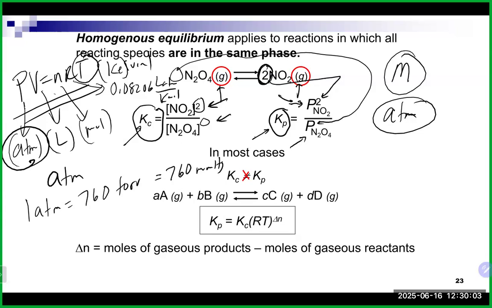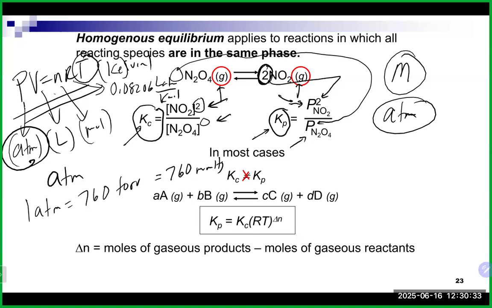And if you have a small value for Kc, you should also have a smaller value for Kp. Kp is based on atmospheres, which is pressure, which means if you have a large value of Kc, you have a lot of products. And if your products are gases, they probably have a majority of the pressure in that situation. That will give you a larger value on top for your Kp. So they should sort of agree with each other.